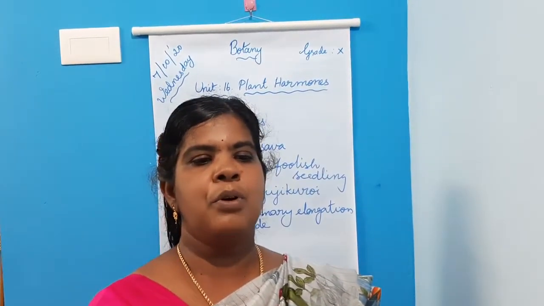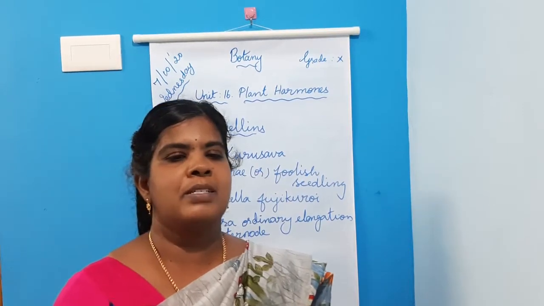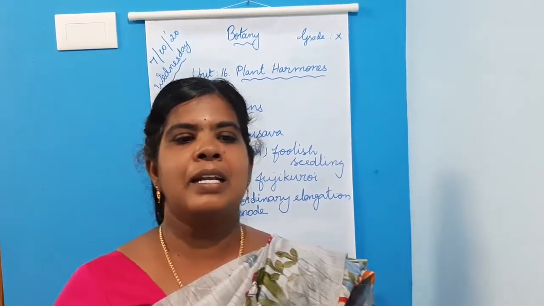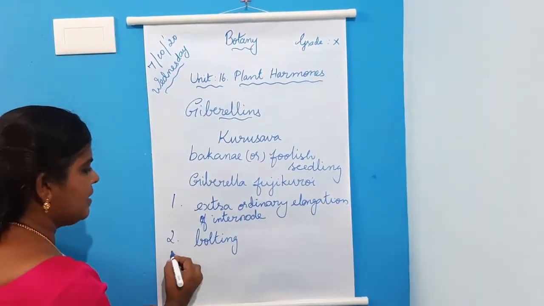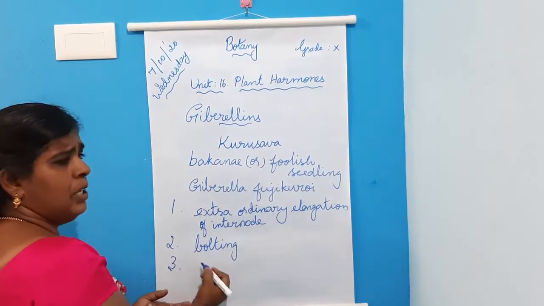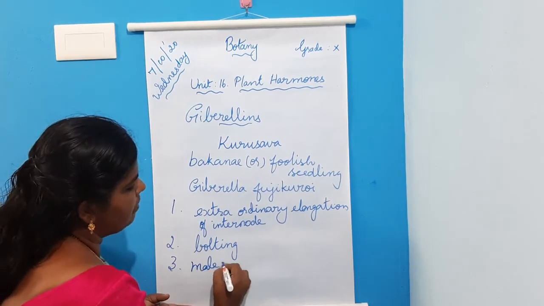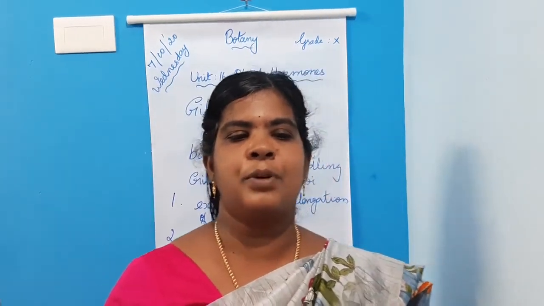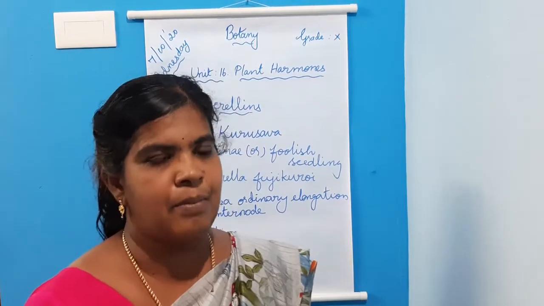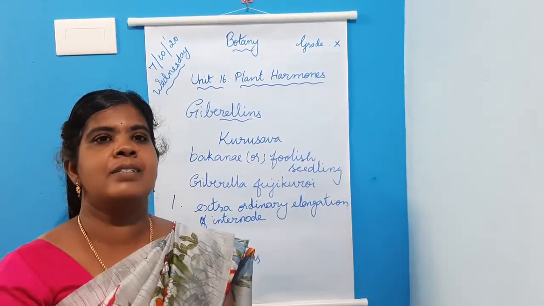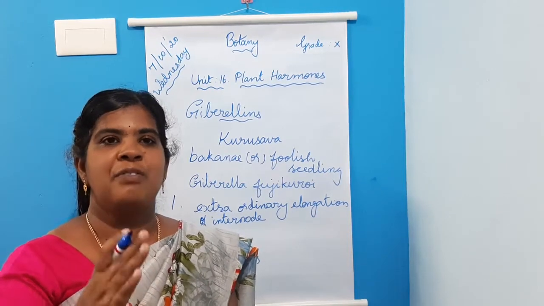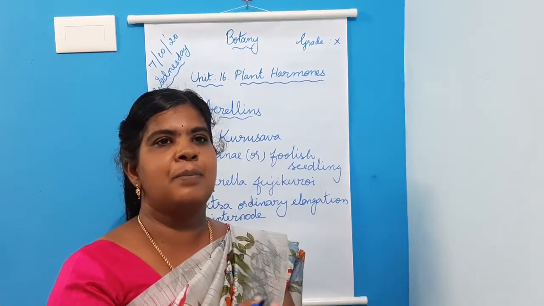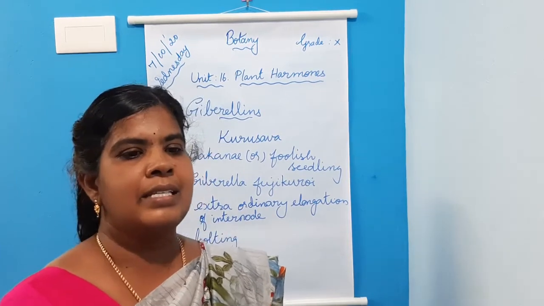So gibberellin promotes the production of male flowers in monoecious plants. Example, cucurbits.